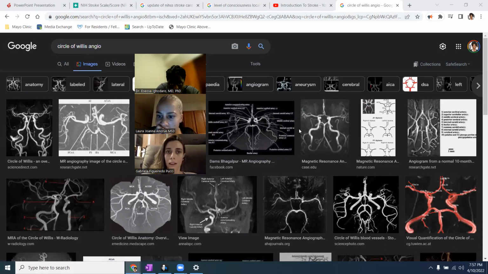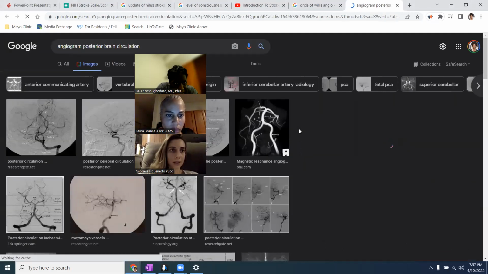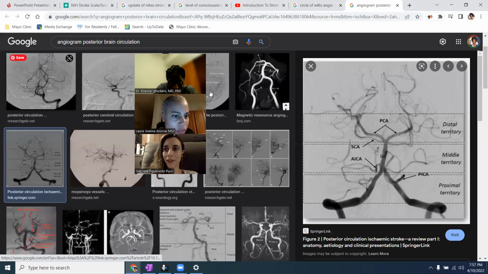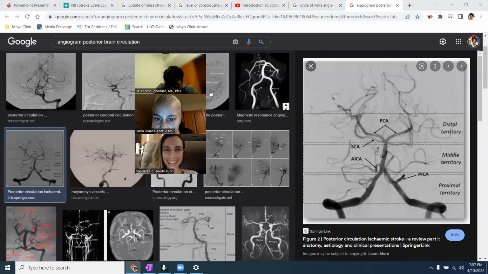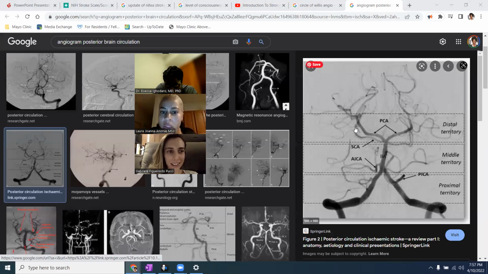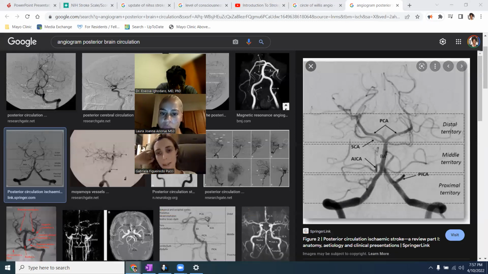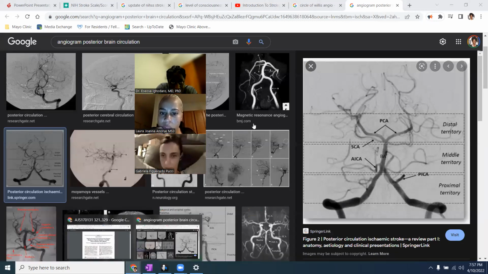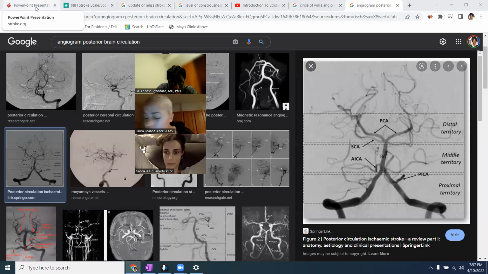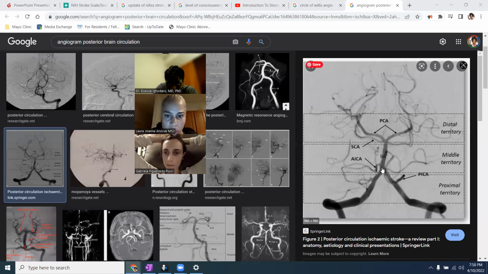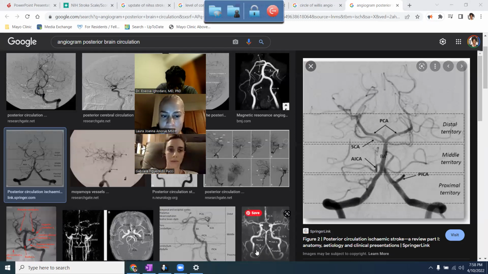Okay, awesome. Then we can compare with the other one. Nice. Okay, it's a PCA. You're right. So yeah, it's the PCA. So the PCA directly comes off of the basilar then. Let me see, I used to be able to annotate on this.